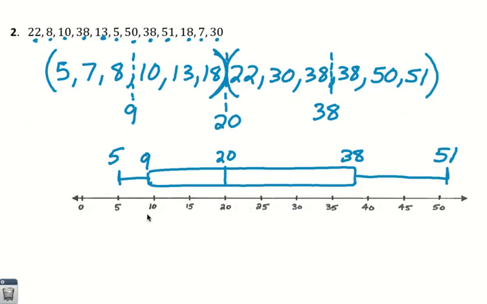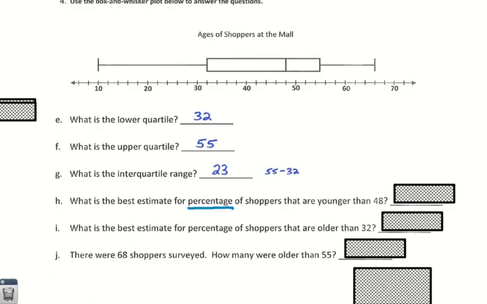I mean, shoot. What if I asked you here, what percentage of the data was less than 20? Because the median is 20. What if this number was also 20? What if this number was a 20? That sort of affects the whole thing. It's not exactly half of the data that is less than the median, but if you don't have the full list of values, that's why this says best estimate.